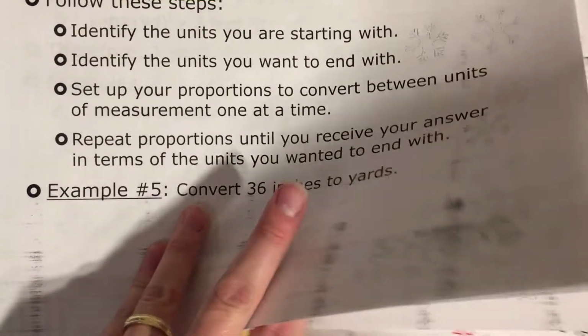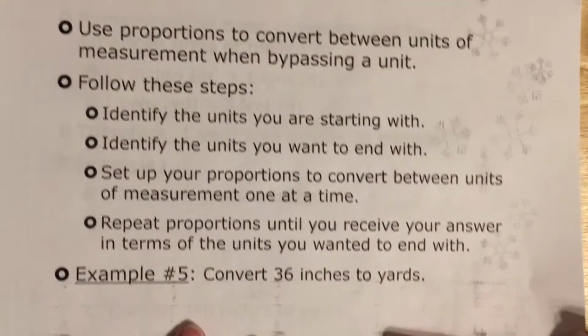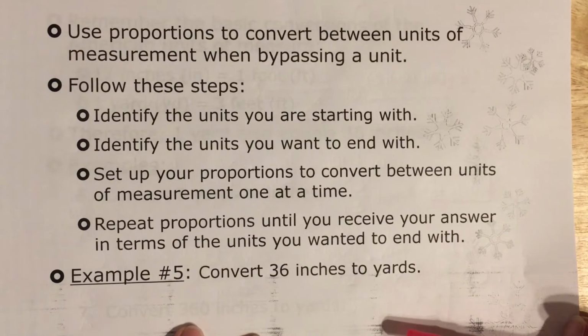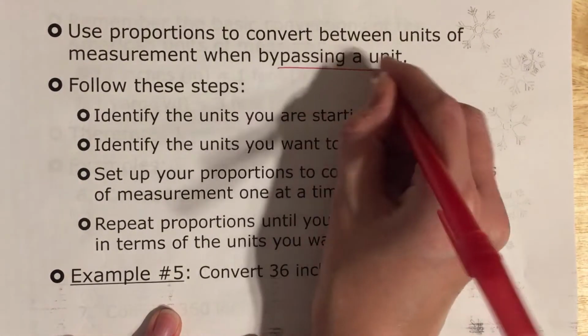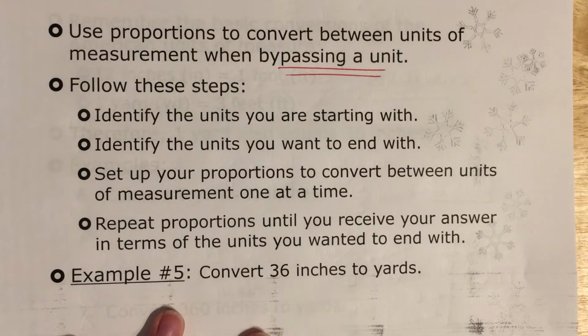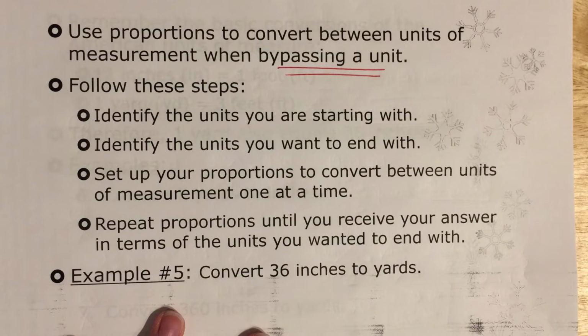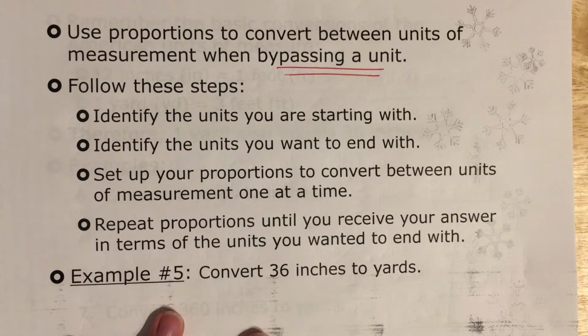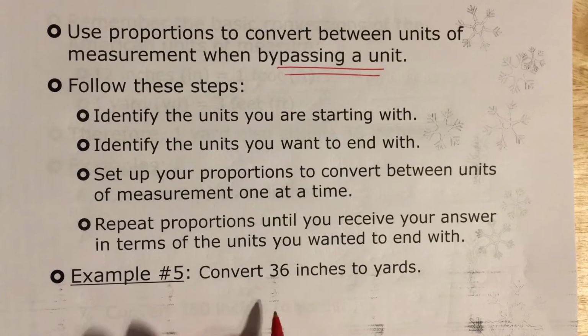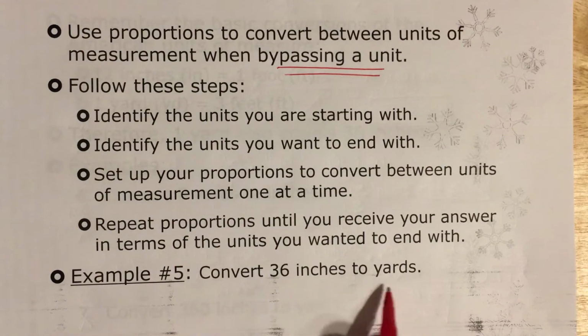Okay, now we're going to talk about multiple conversions. So use proportions to convert between units of measurement when bypassing a unit. What I mean by bypassing a unit, I mean going like from inches to feet, then feet to yards, all within one question. So like you can see down here, example 5, convert 36 inches to yards.